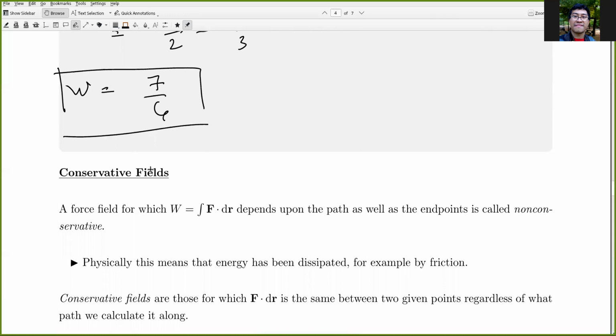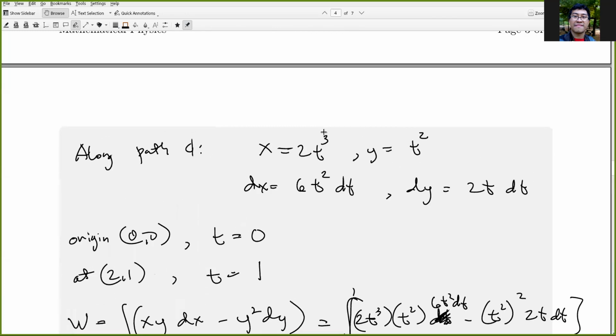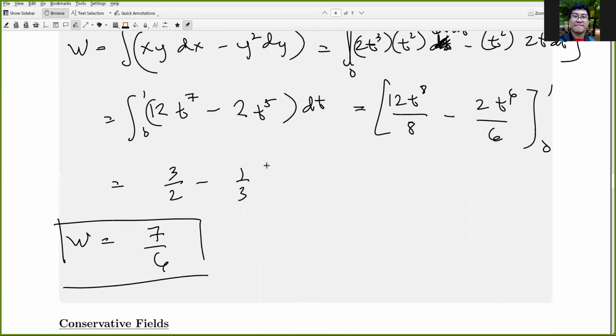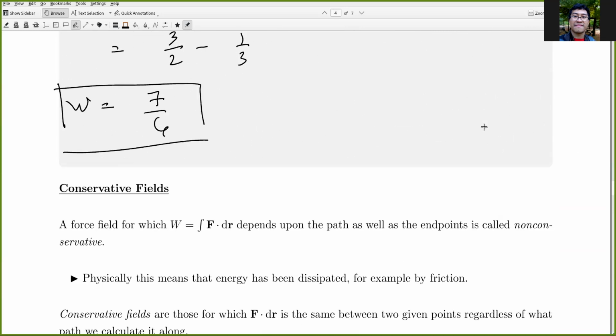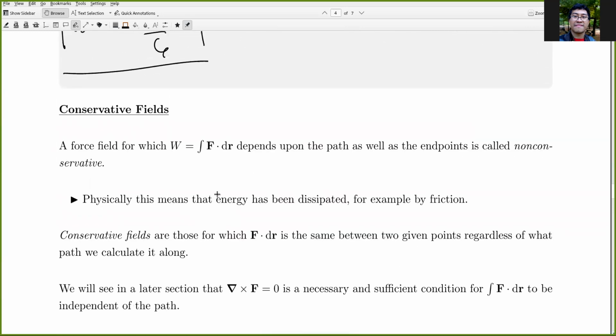Let's consider conservative fields. A force field for which W depends upon the path as well as the endpoint is called non-conservative. So for this example, the value of W depends on the path. So path 4, 7 over 6, path 3 is 5 over 3, and so on. So this means that the energy has been dissipated, for example, by friction.